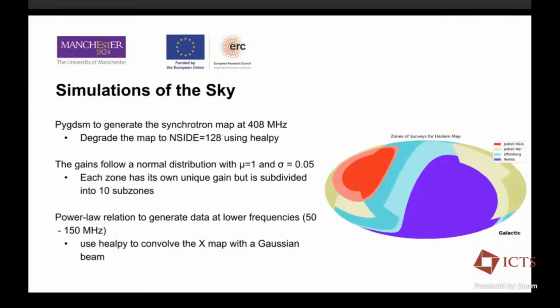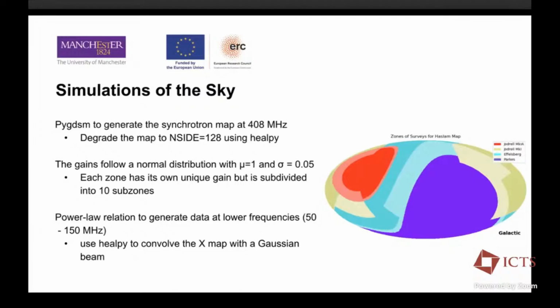Here we assume that each zone has its own unique gain, but is subdivided into 10 subzones. Here are the zones that I've talked about. There are only four instruments, but we have decided to let the intersections between the zones have their own gains as well.